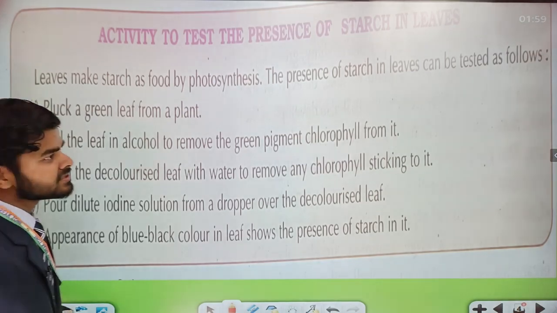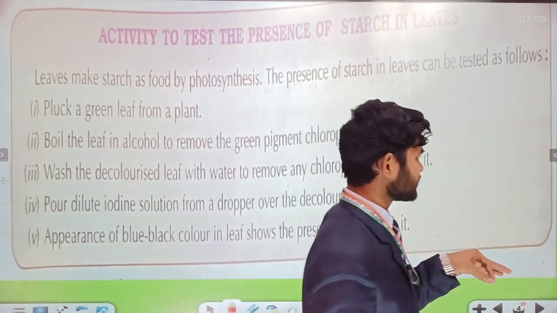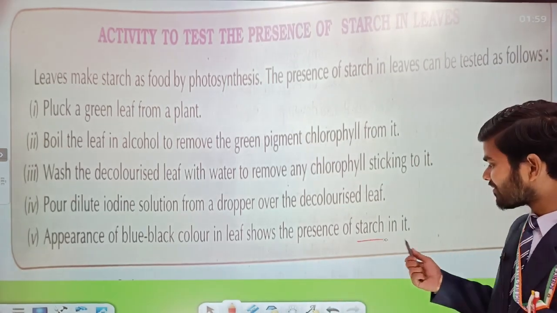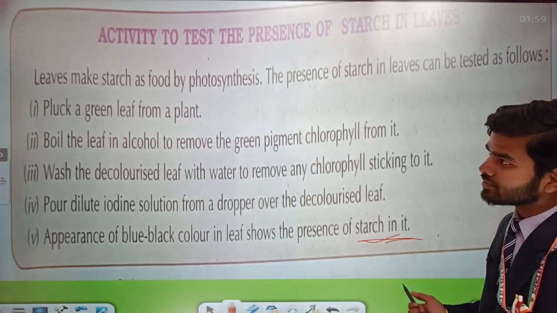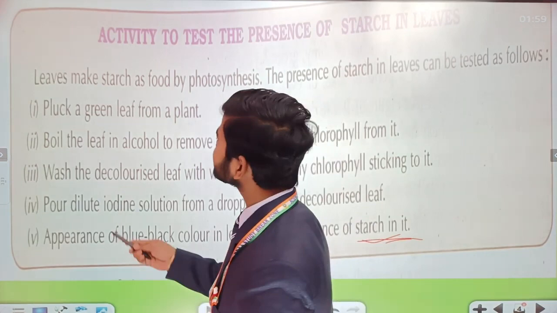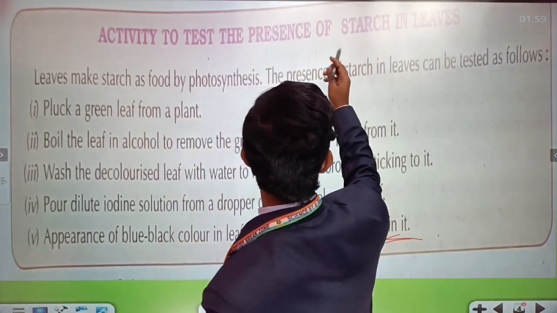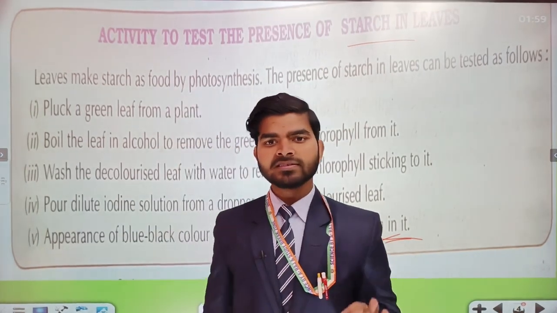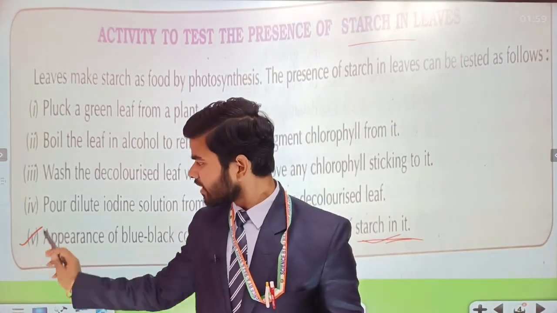All right, this activity is given in your books. That's why I have tested this activity, because after performing this activity you will clear all the doubts. Basically the activity is to test the presence of starch in the leaves. One may ask me, sir, in the answer will we write up to 5 steps?